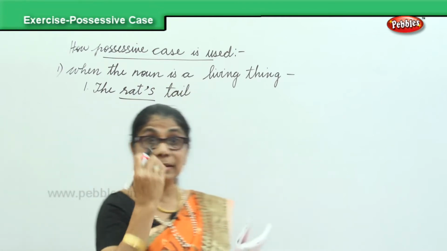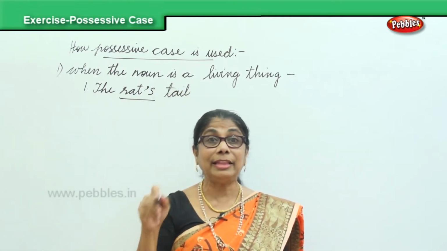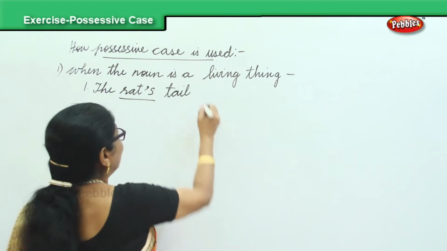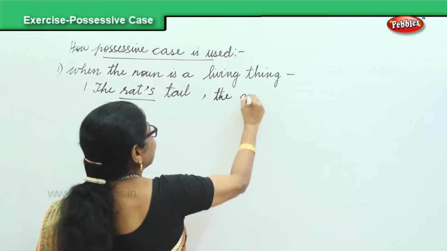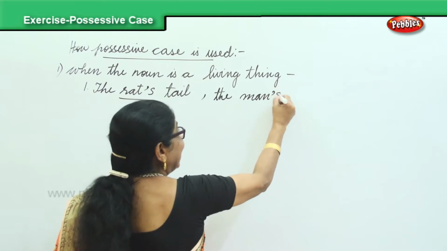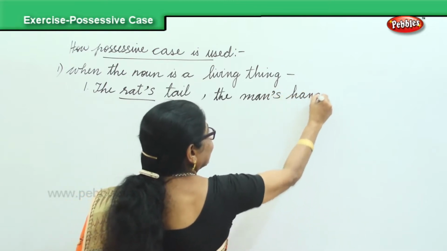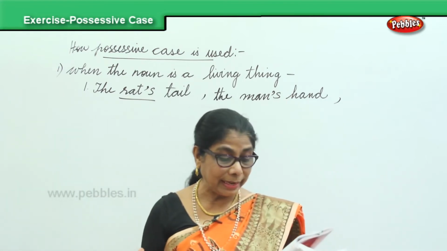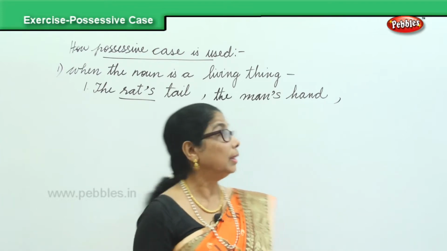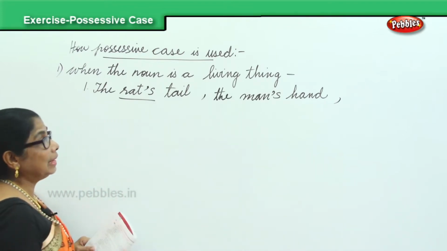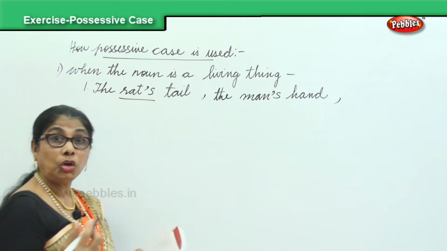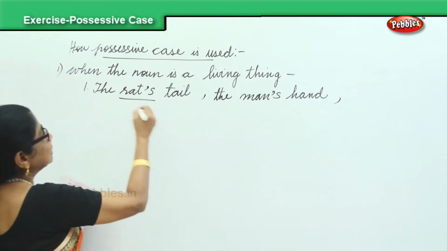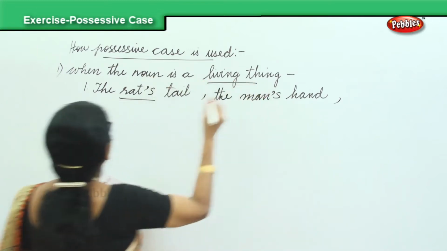When the noun is a living thing, the apostrophe is after the word: rat's tail. Or you will say, the man's hand, etc. Just for you to remember. Or the horse's tail. This is the noun in the case of a living thing.